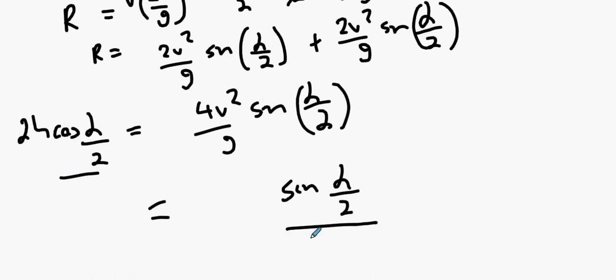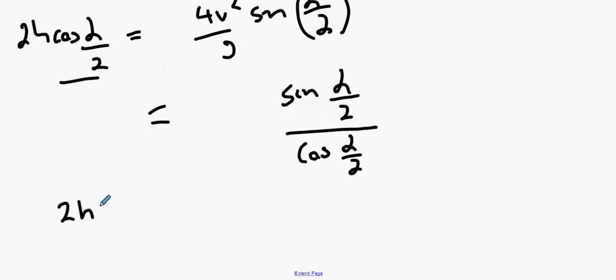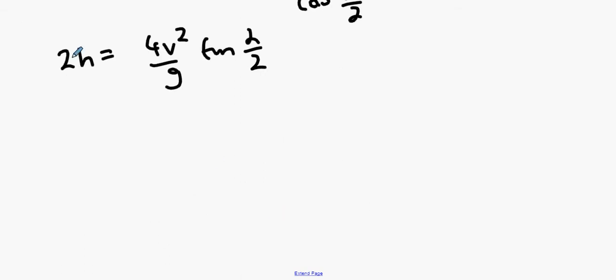I'm going to bring this cos alpha over 2 underneath, and as we all know, that will make tan alpha over 2. So I'm going to get 2h equals 4v squared over g tan alpha over 2. Cancel the 2, so that's 2v squared on its own. Bring up the g, so it's going to be gh.